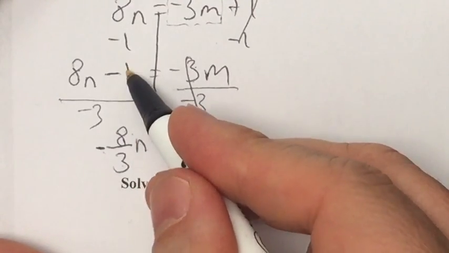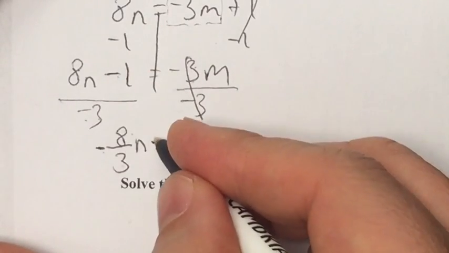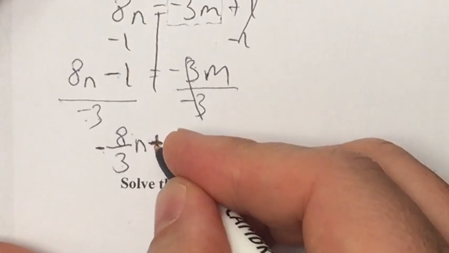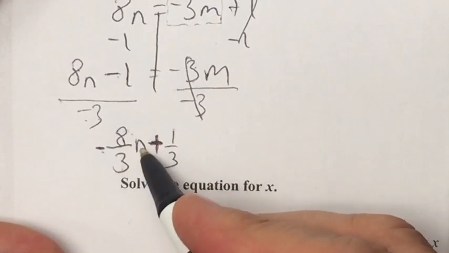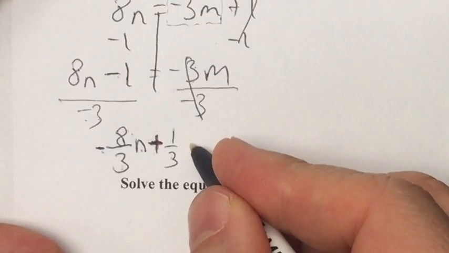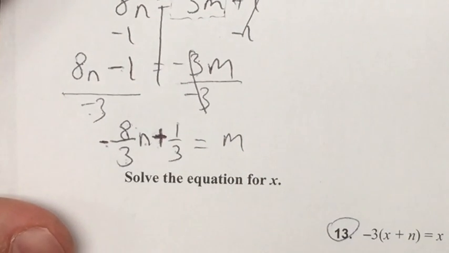And then what is negative 1 divided by negative 3? A negative divided by a negative is a positive. So that's positive 1/3. So you have negative 8 over 3n plus 1/3 equals m. Okay, so it started off nice, but the numbers got a little messy at the end.